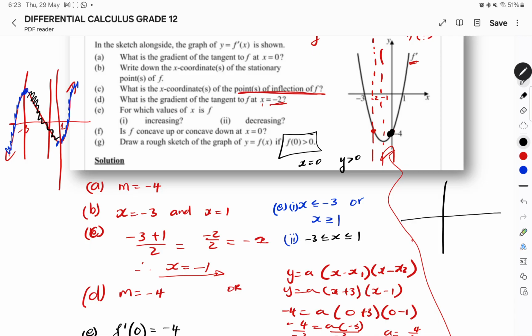I have 3 points that I can plot. I have the coordinates of the turning point. I have the point of inflection. I also have the other one. So my graph, to accommodate all the points, can be something like this. Yes?